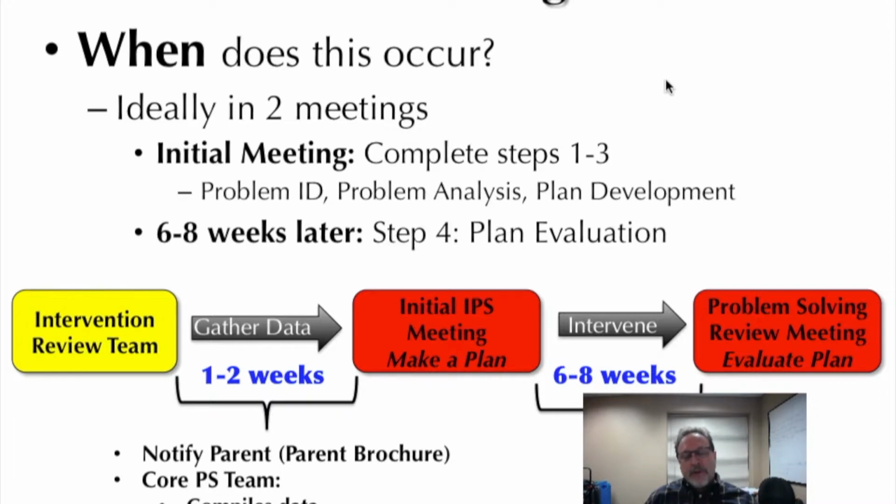It's long enough time to monitor and make sure that things are happening according to the plan and to make adjustments as necessary, and then ensure implementation fidelity. And then you reconvene to evaluate the plan.